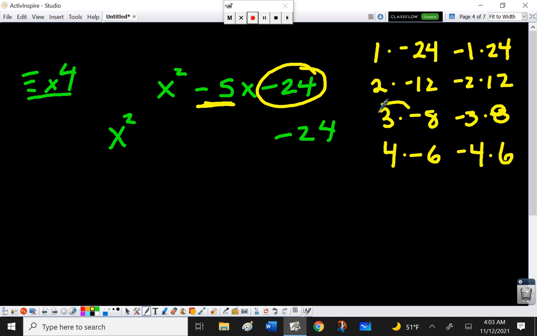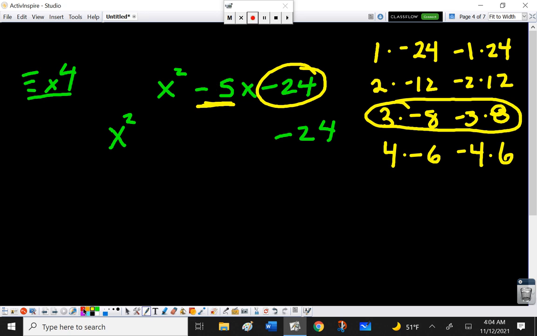Hey, one of these will work. 4 and 6 won't do it. Okay, so let's see. I want a negative 5. So the negative 8 and the positive 3 is going to be our combination, because if you take 3 minus 8, you'll get negative 5.